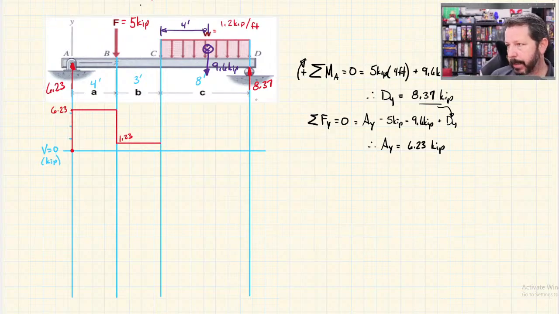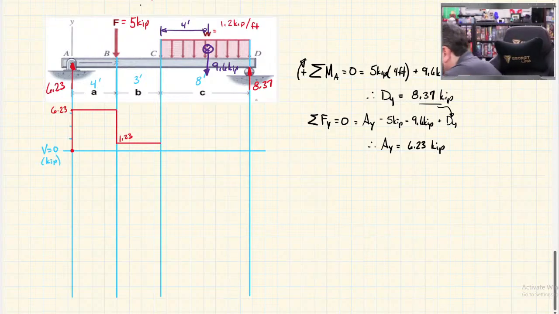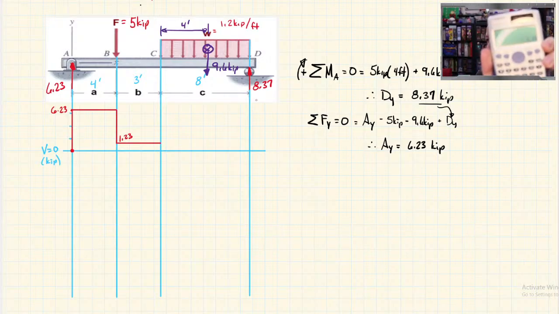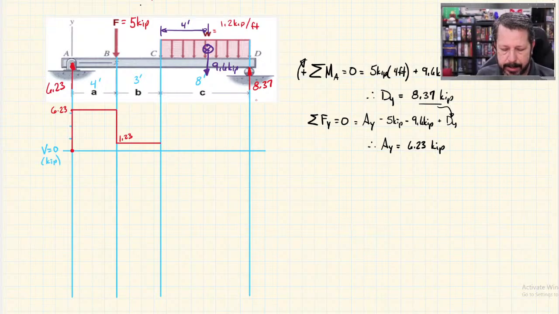So in my calculator, whoa, I dropped my calculator. Let me redo it. I put in 1.23, minus the total amount here. So 1.2 times 8.